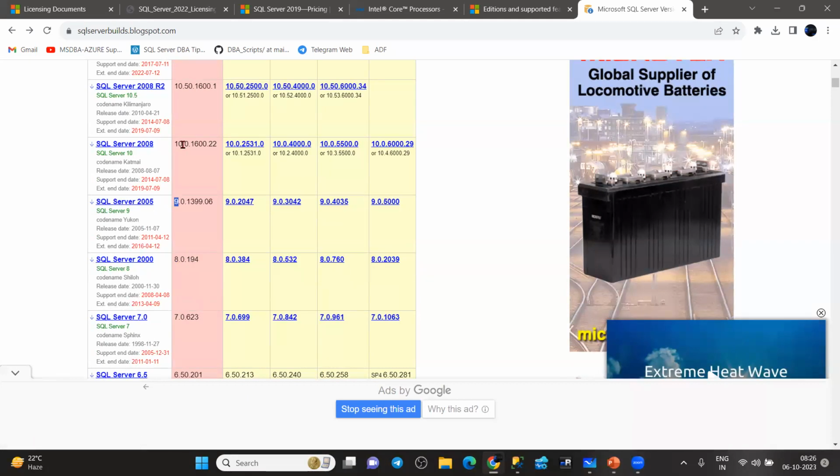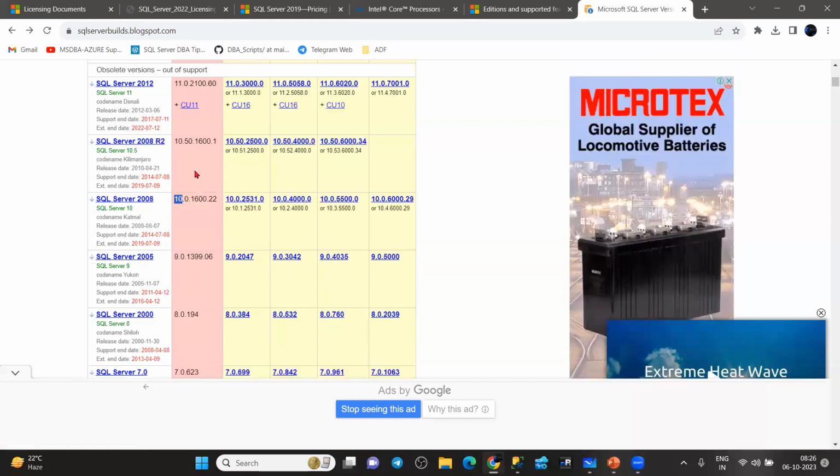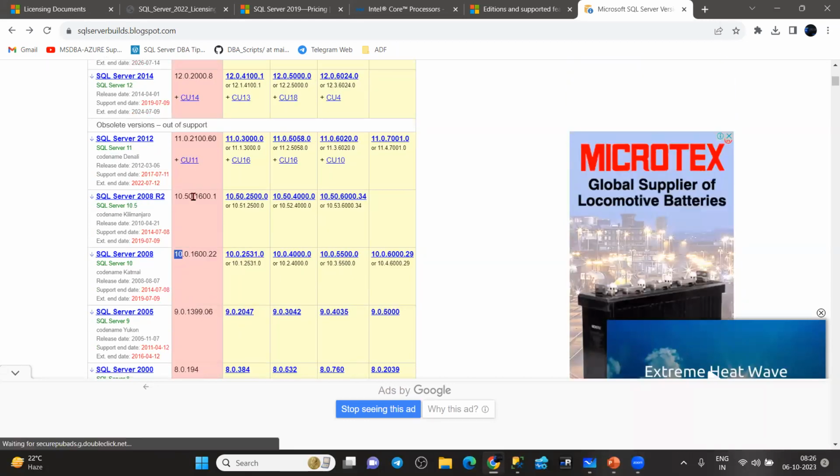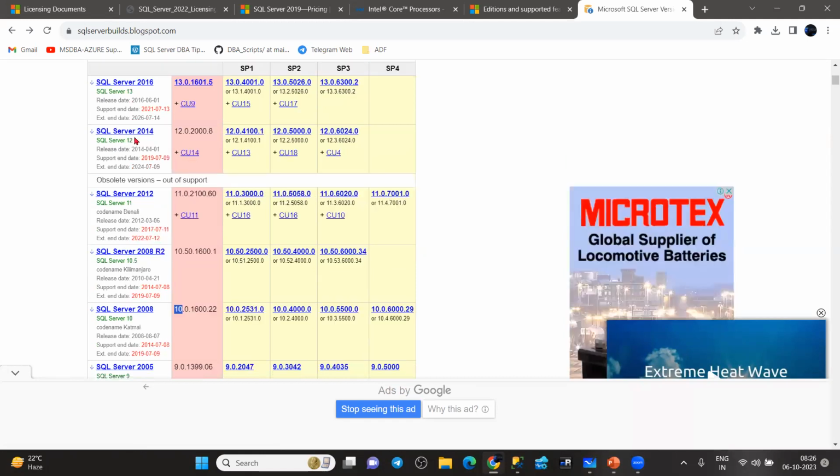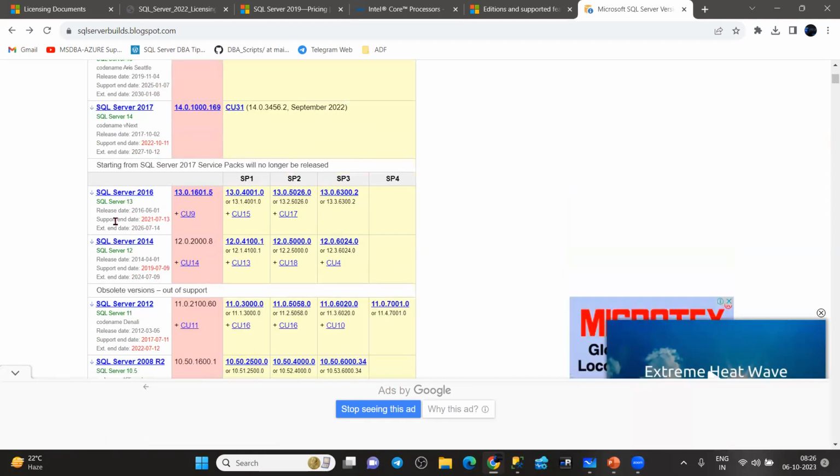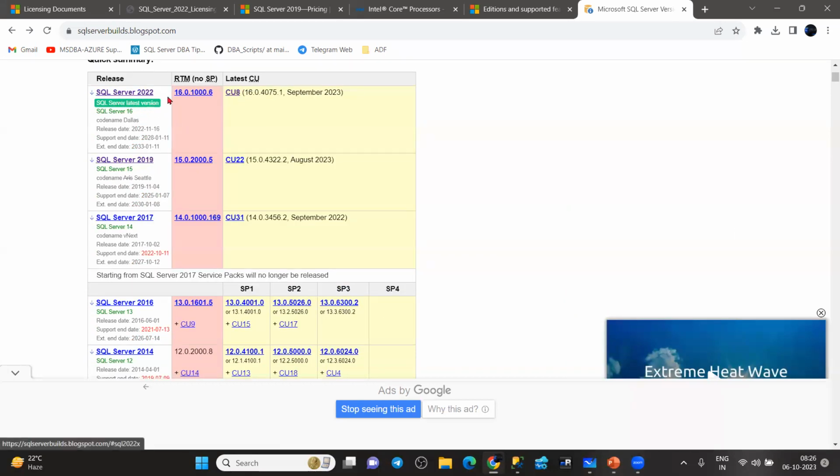2008 starts with 10, 2008 R2 also 10. 2012 is 11. 2014 is 12. 2016 is 13. 2017 is 14. 2019 is 15. 2022 is 16.